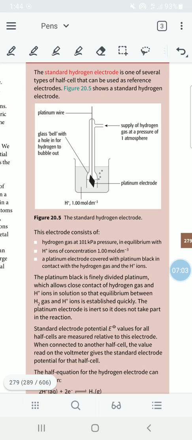hydrogen gas pumped from the top of the bell tube at 1 atm, within brackets 101 kilopascal pressure. Next point.